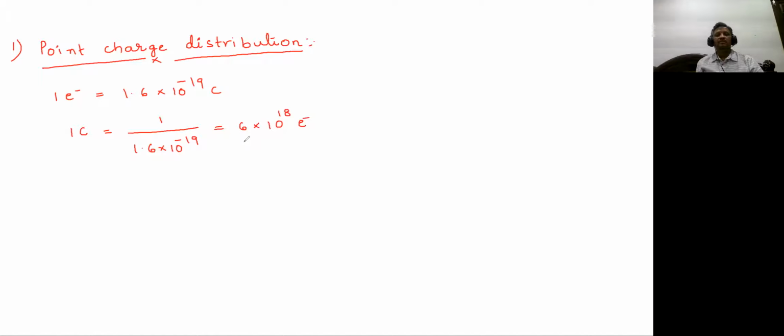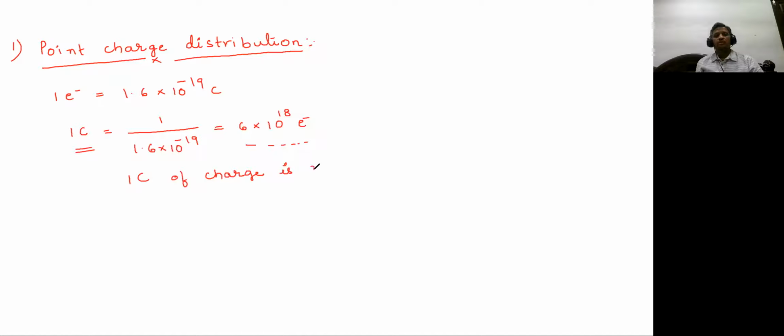That means if 6 into 10 power 18 electrons are placed at one place, we call it 1 coulomb of charge. That means 1 coulomb of charge is a very big charge.